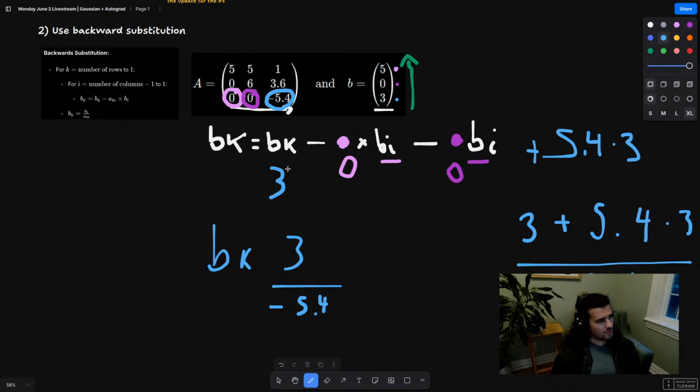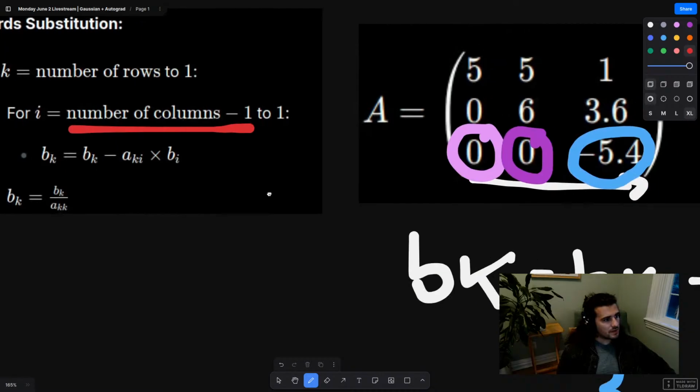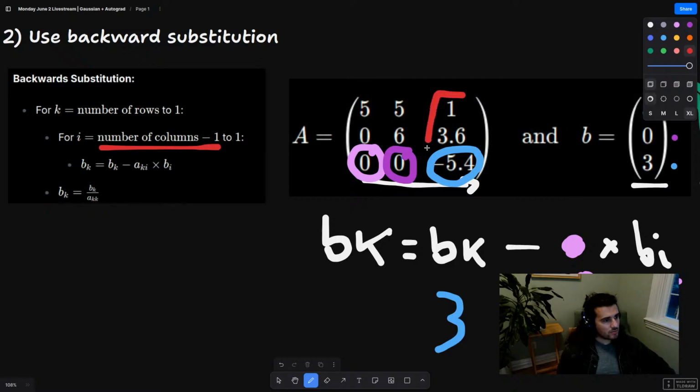For i equal number of columns minus 1 to 1. Oh, okay, wait. No, we're not doing this. Ah, okay, cool. Yeah, here, it doesn't include that whole part here.